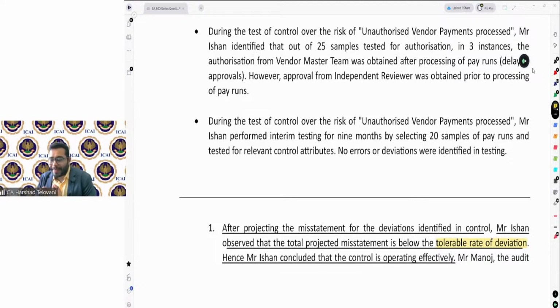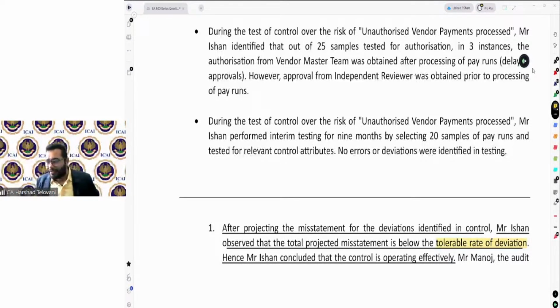If it goes more than that, then I need to think about the other procedures that I need to perform, because the deviations that have been identified are going over and above the limit, this threshold which I have set. And in order to get the appropriate level of assurance from the testing, the actual rate of deviation should not exceed the deviation rate that is set by the auditor.